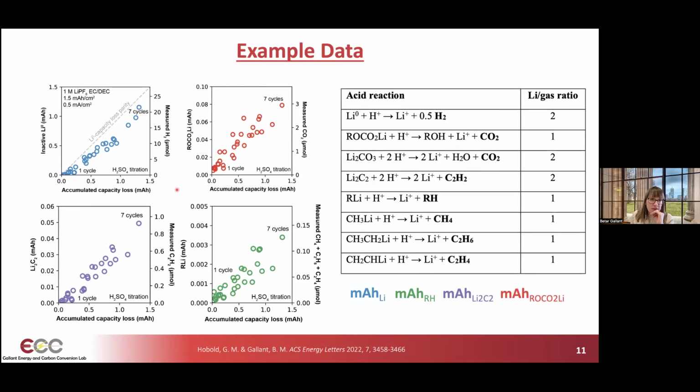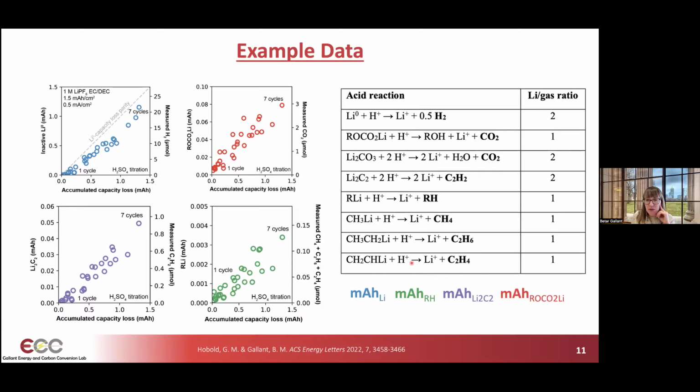So this is simply an example data set from a few years back now. We were looking at just a simple carbonate electrolyte. We cycled over like 1 to 7 or 8 cycles, and so that's why you see some scatter here. But basically, we find that the various capacity loss modes, so lithium zero, CO2 evolving phases, carbide, and alkyllithium, accumulate linearly in the sample with accumulated capacity loss, as would make sense.